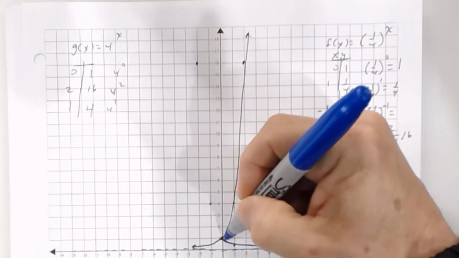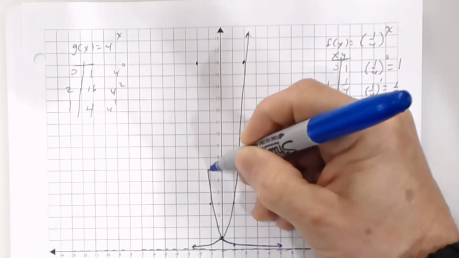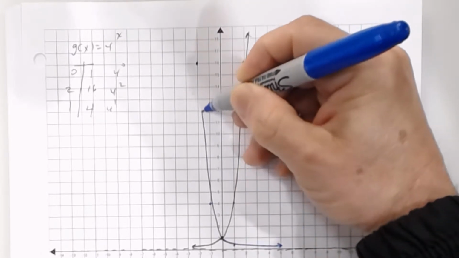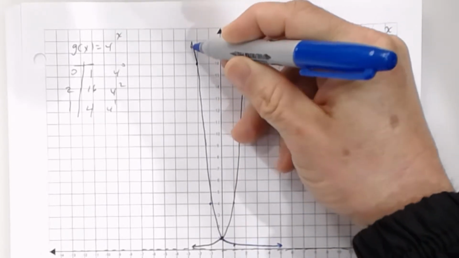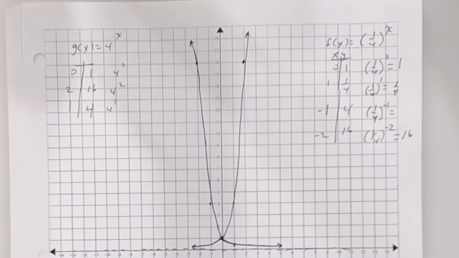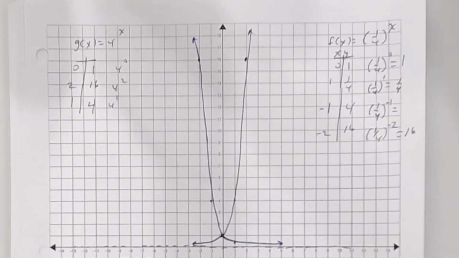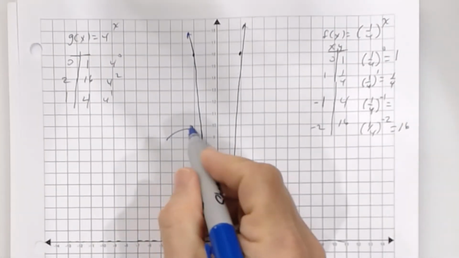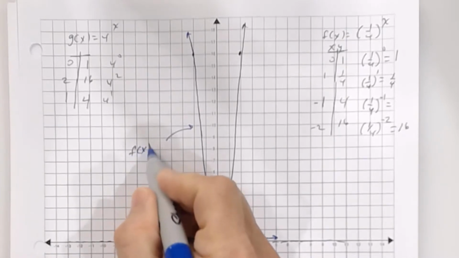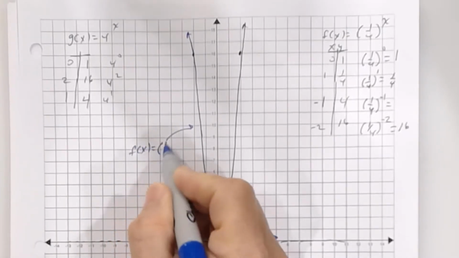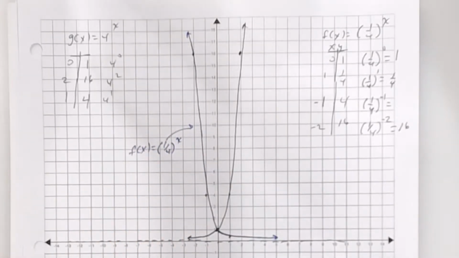And I just draw the graph like this. Do the best you can. And there's your graph. So this one here is f of x equal 1/4 to the x.